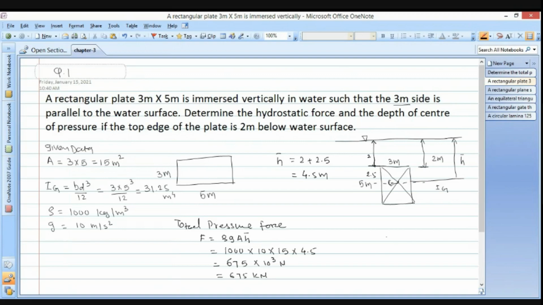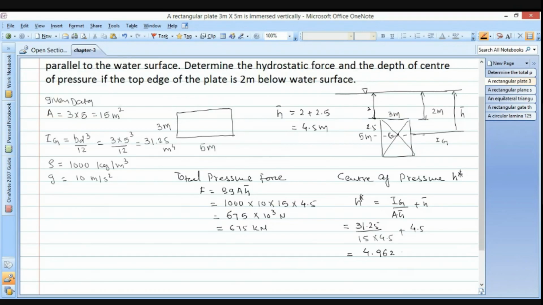Now we have to locate the center of pressure. The center of pressure is indicated by h star, and for the vertical case, we know the formula of h star is Ig divided by A h cut plus h cut. So the value of Ig, that is 31.25, divided by area, that is 15 into 4.5, plus h cut, which is 4.5, gives 4.962 meter.